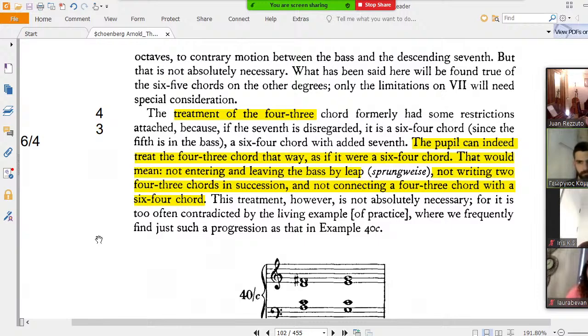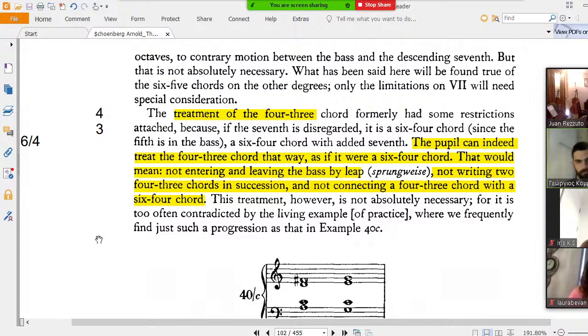That's why he said don't leave the 4-3 chord by leap. He doesn't specify it, but in classical harmony that chord is used as a passing or neighboring chord, and its function is prolonging another chord which is more important. So that's why.